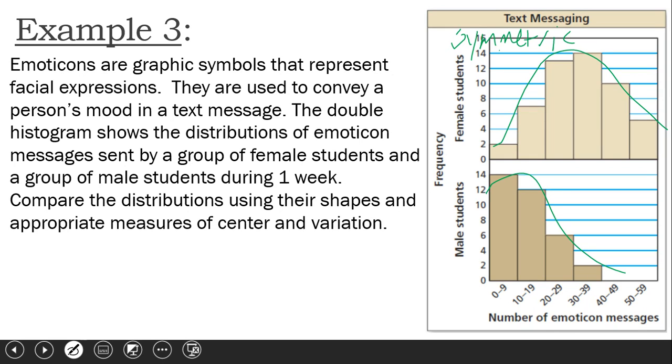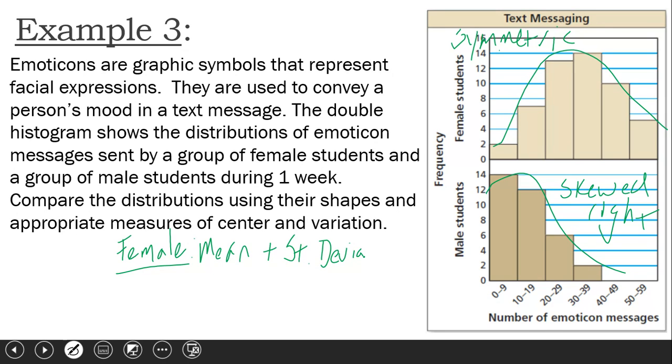This is skewed. My tail is on the right-hand side, so skewed right. So for the females, which was symmetric, we would use the mean and the standard deviation. Mean is your measure of center, standard deviation your measure of variation.